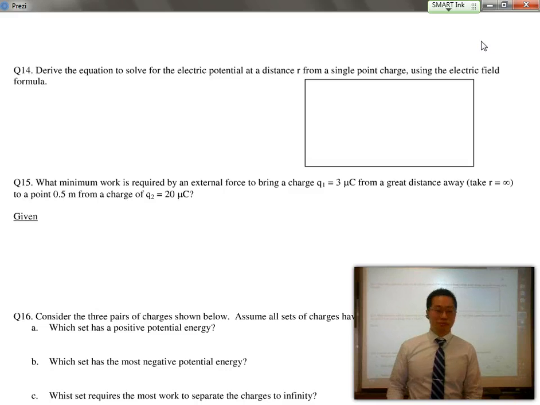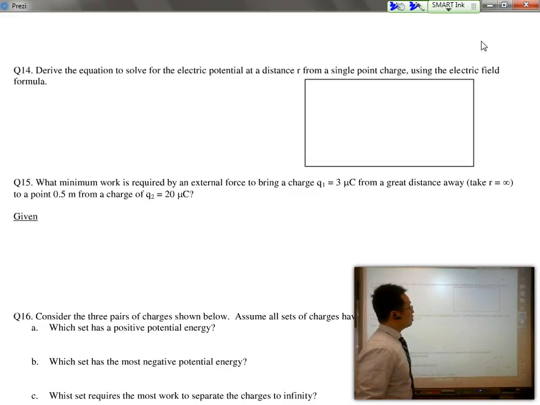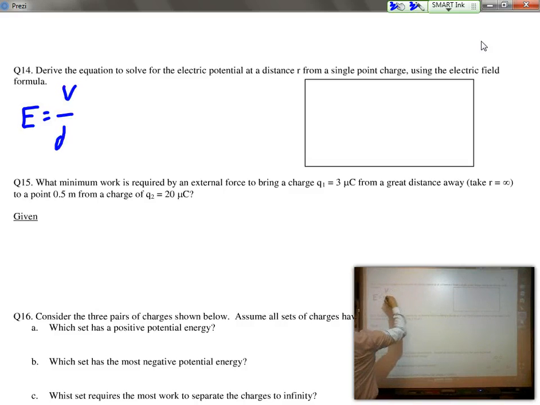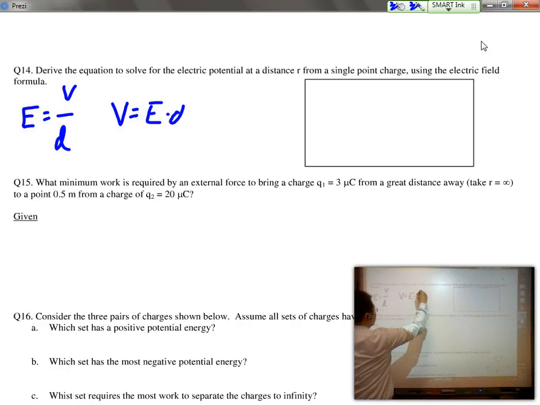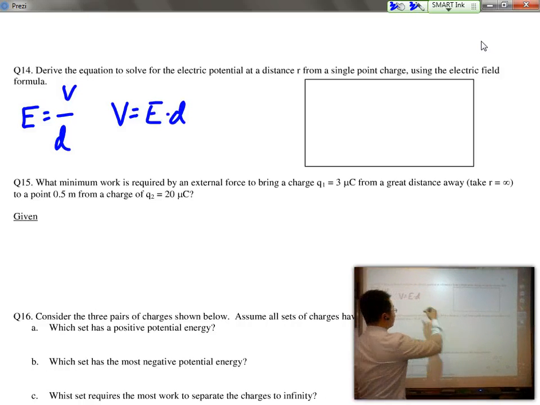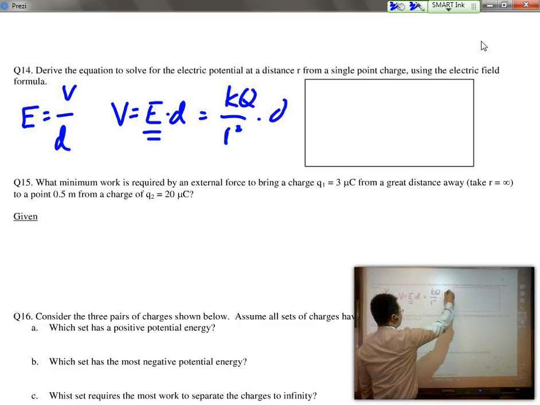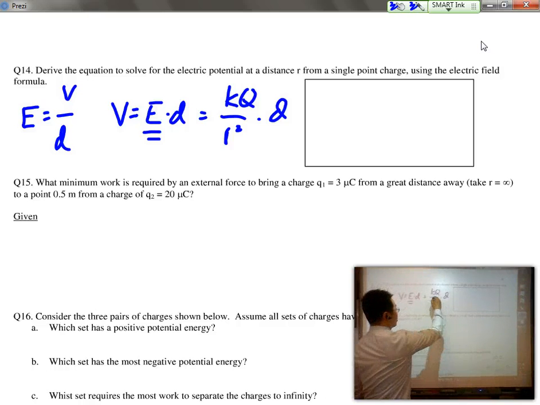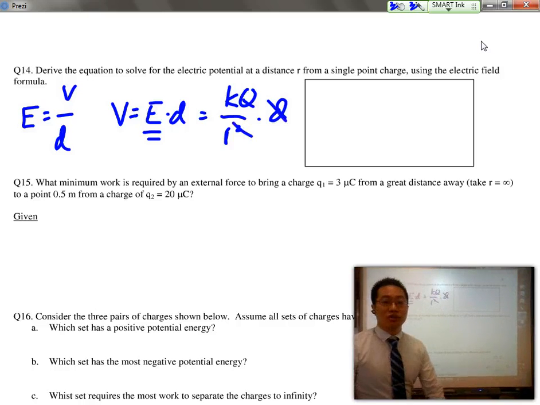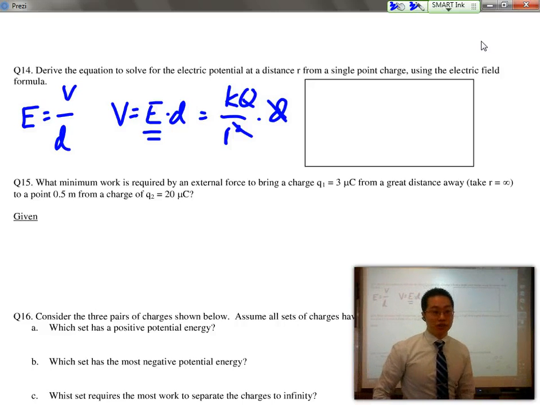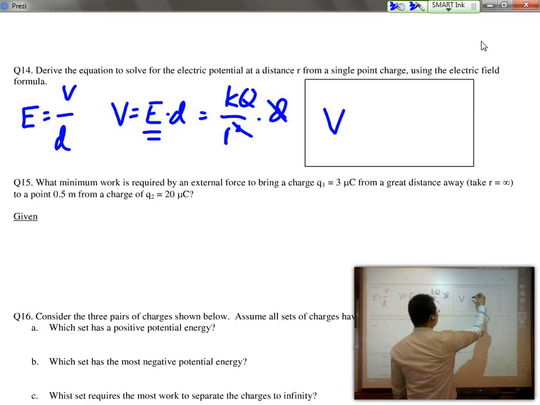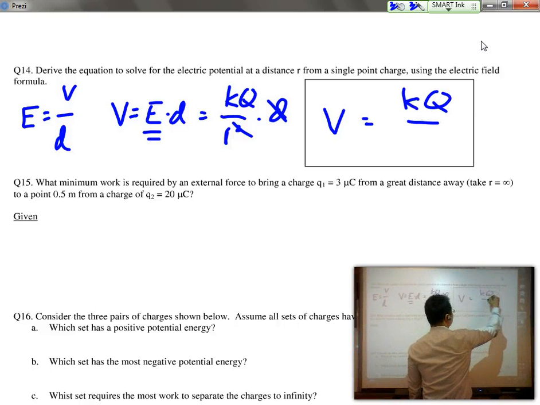Okay, so before when we were talking about parallel plates, we had spoken about the formula E equals V over D. And if I rewrite that, V can simply equal E times D. We previously had a formula for E, which was KQ over R squared, times D. D and R are pretty much the same thing, so they cancel each other out. So in this case, to solve for the electric potential, V is equal to KQ over R.